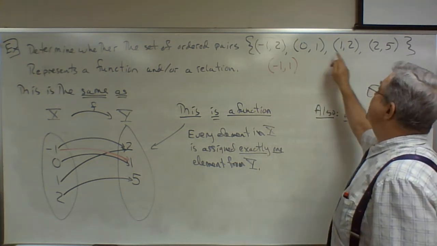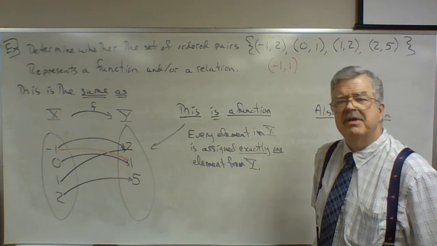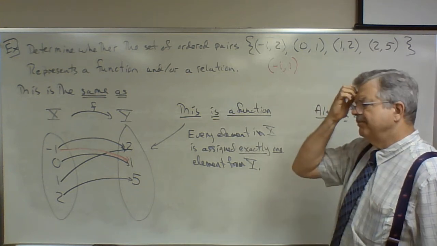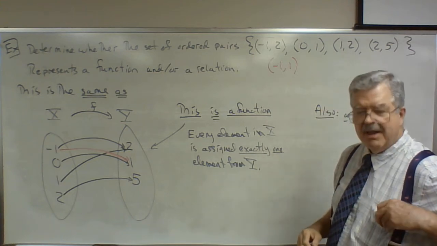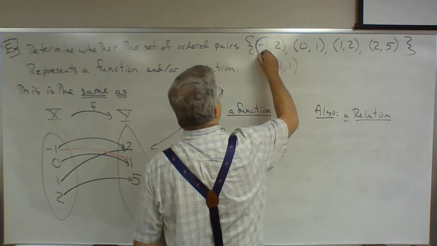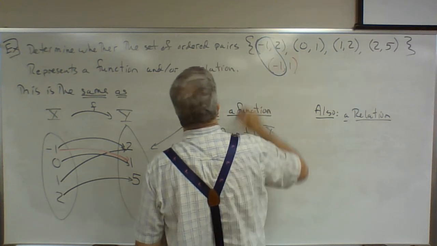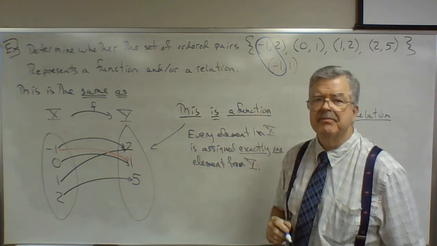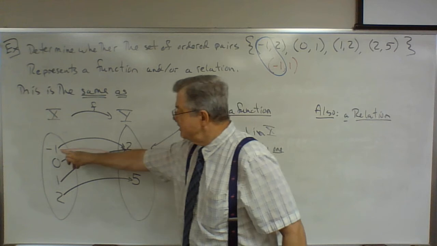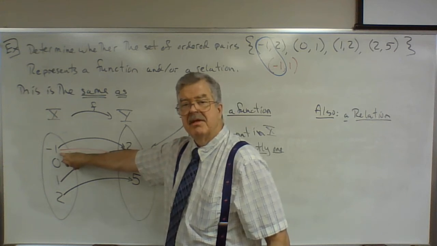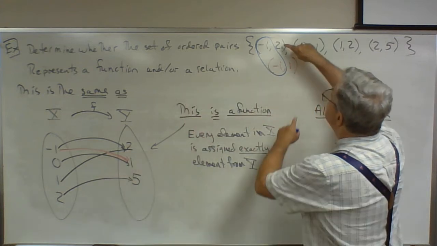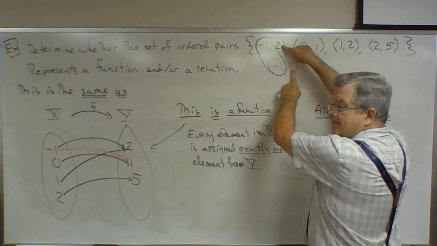What would it be about these 5 ordered pairs that would tell us that these ordered pairs don't represent a function? It would be the fact that this X coordinate appears twice. And that would indicate that some element of the set X has assigned to it two different Y values.